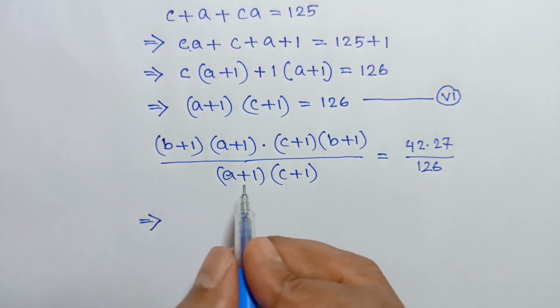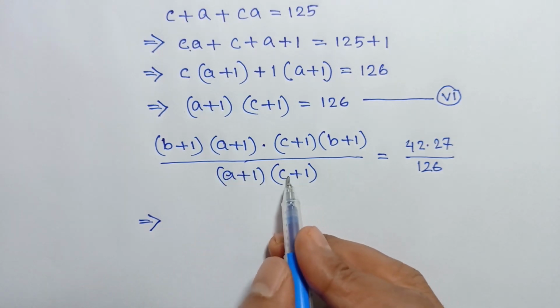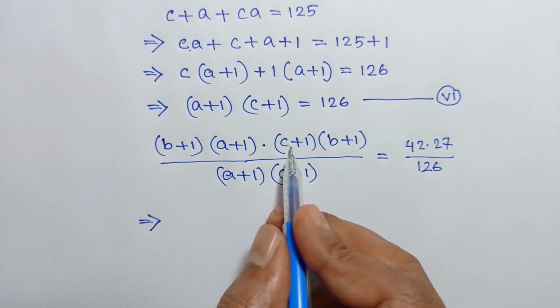The (a + 1) and (a + 1) will cancel out, and (c + 1) and (c + 1) will cancel out.